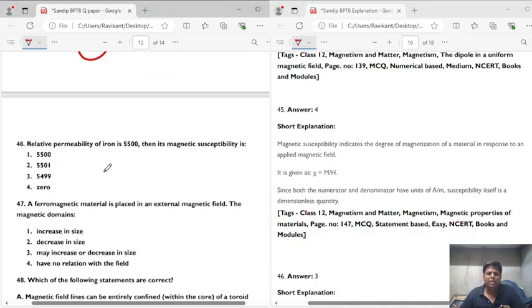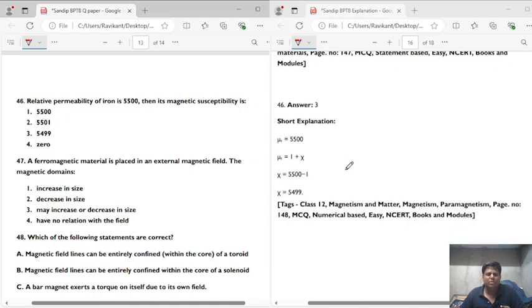Now question number 46. Question number 46 says that relative permeability mu r of iron is 5500, then the magnetic susceptibility is. So mu r is given as mu r is equal to 1 plus xi. So they are asking you xi.